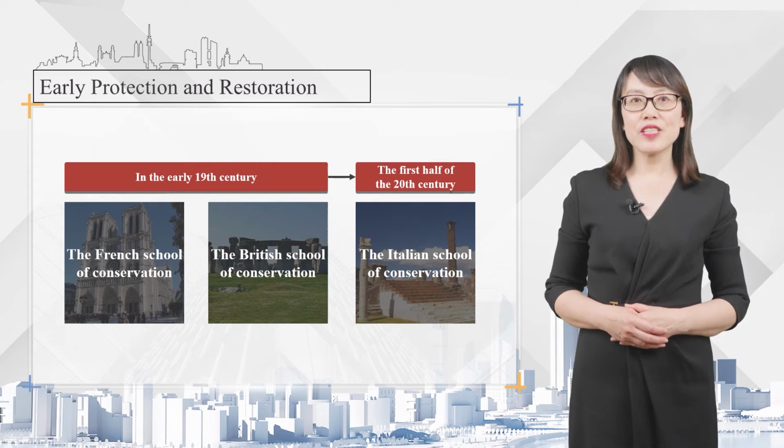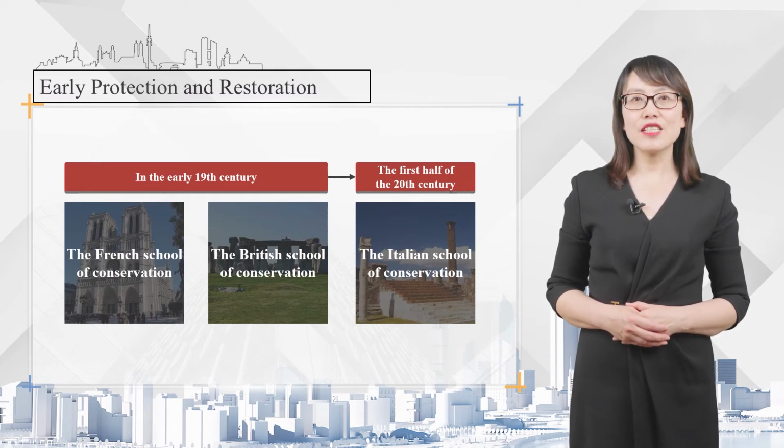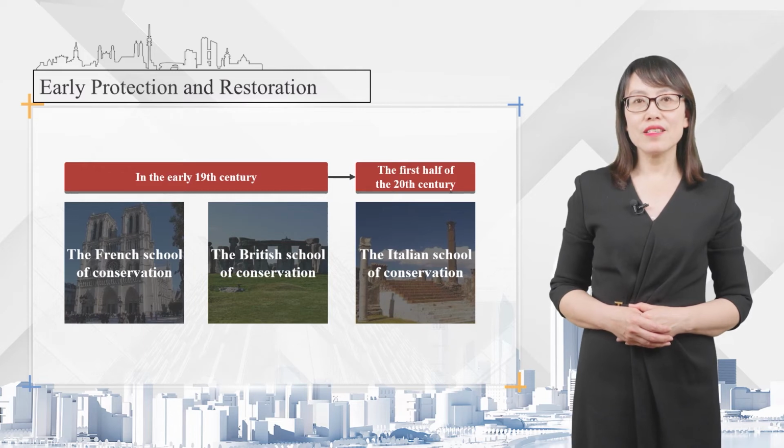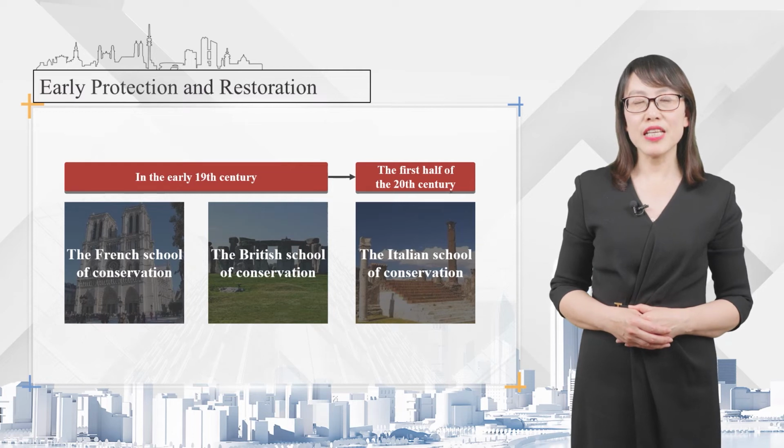The schools of protection were concentrated in France, Britain, and Italy until the 1960s, and attitudes toward historical and cultural heritage were more favorable to protection and restoration. Let's look at their protection ideas and ways of protecting them.